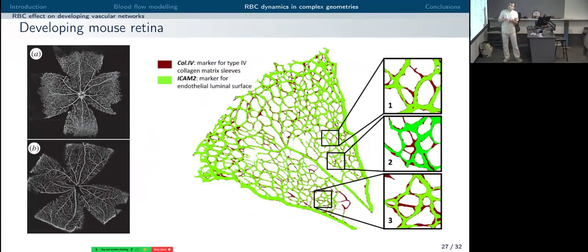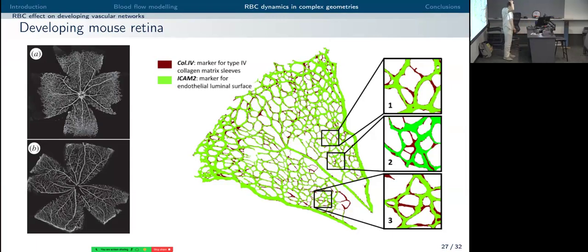But if you look at different molecular markers, in particular endothelial markers and collagen markers, you can say something about how the network looked a few days before. So we are able to draw the same network twice at different points in time. And that determines how it has changed in the meantime.